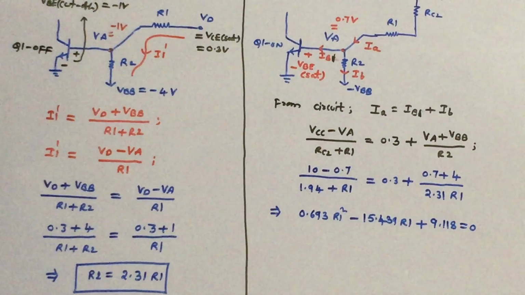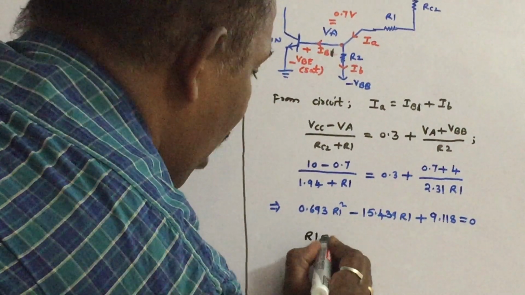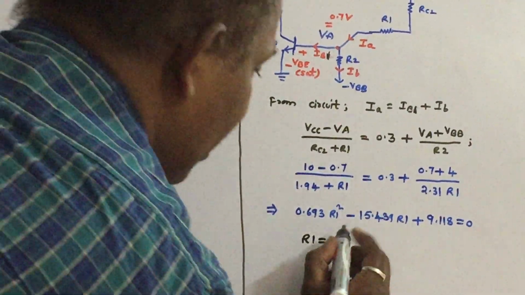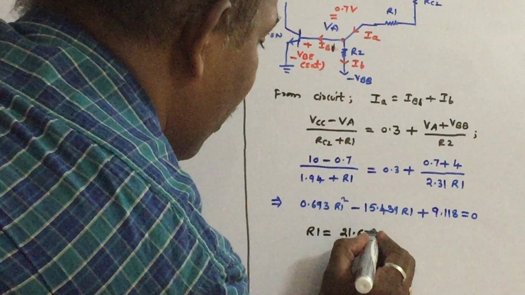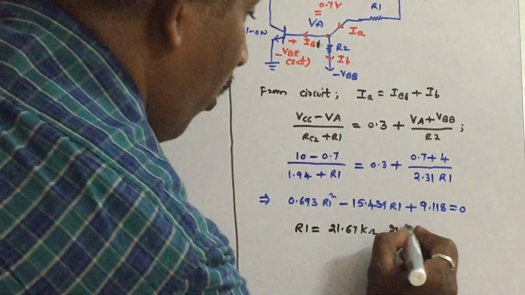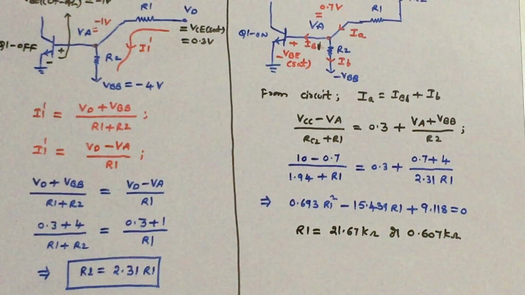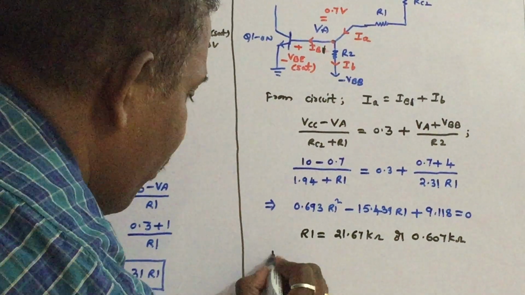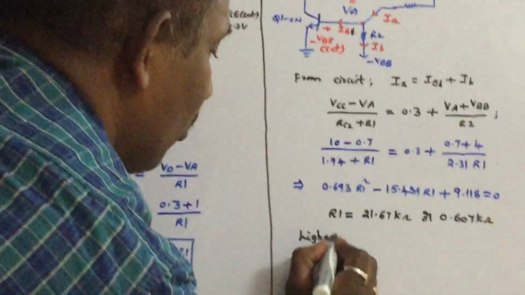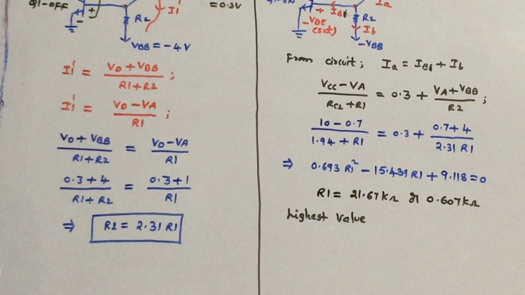If you solve this quadratic equation, you get two values of R1. So R1 is equal to 21.67 kilo ohms or 0.607 kilo ohms. So this is the value of R1. Remember that we have to always take the highest value out of these two.